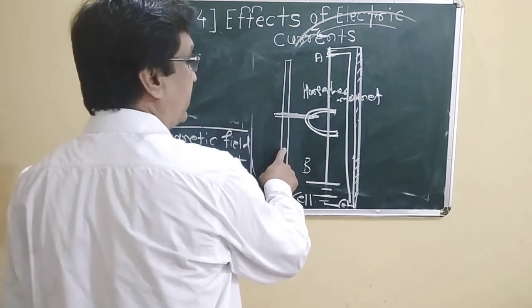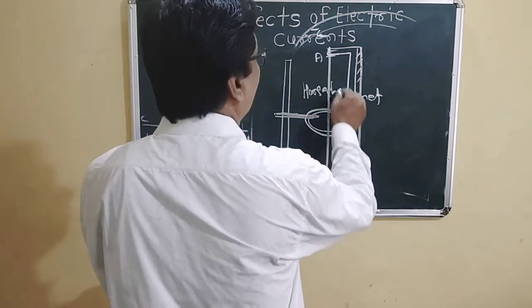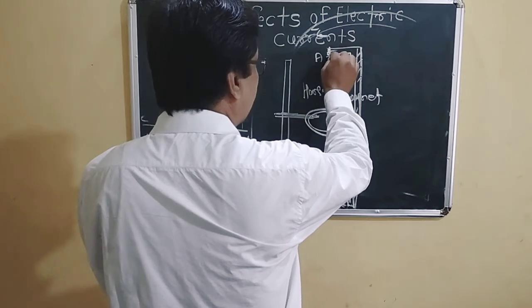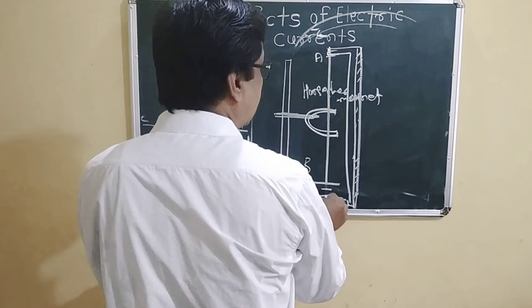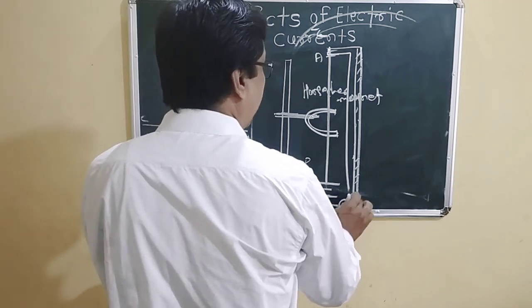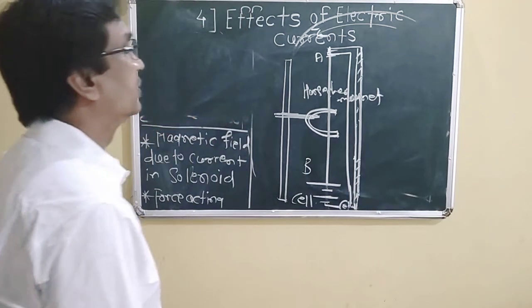This is the first stand, this is the second stand, and this stand holds the cable, that means a conductor AB, which is connected to the cell. Here is the cell, here is the key, and here is a connector. Here is a connection.